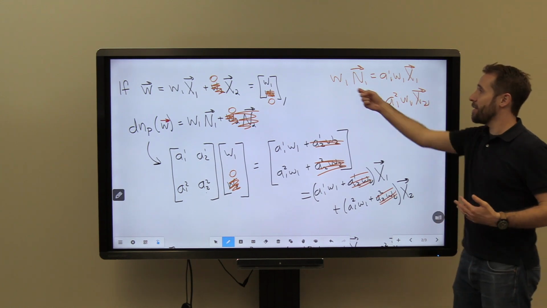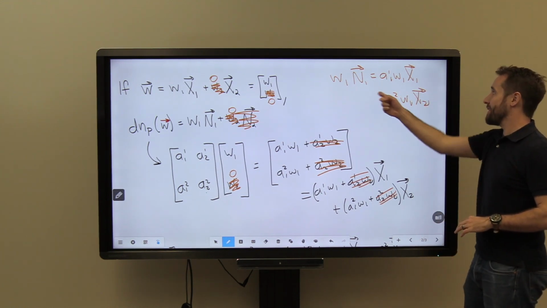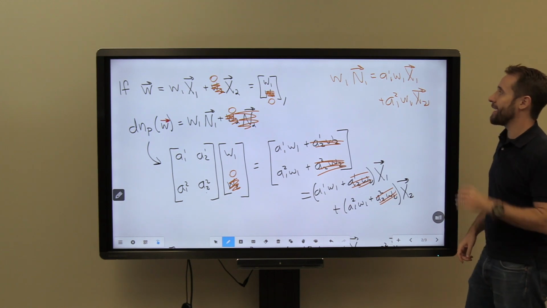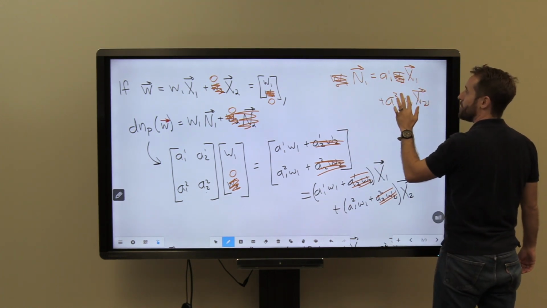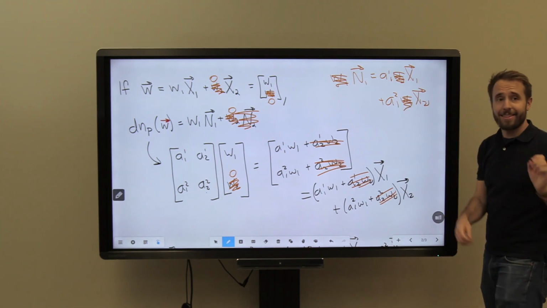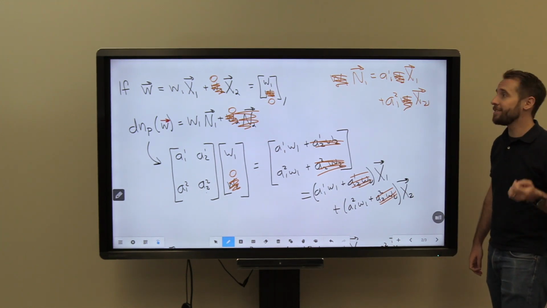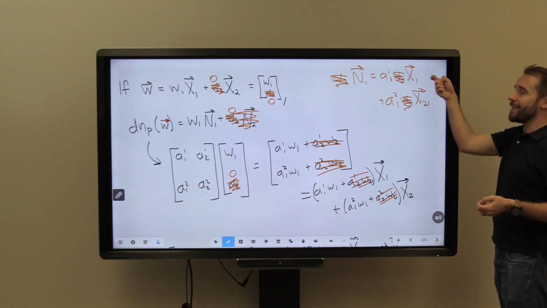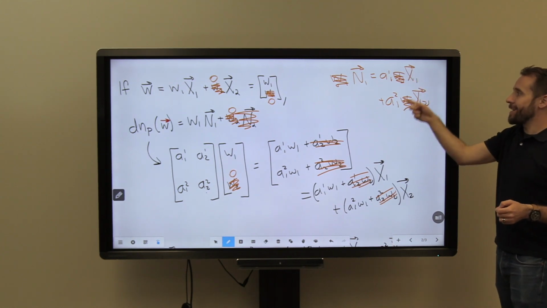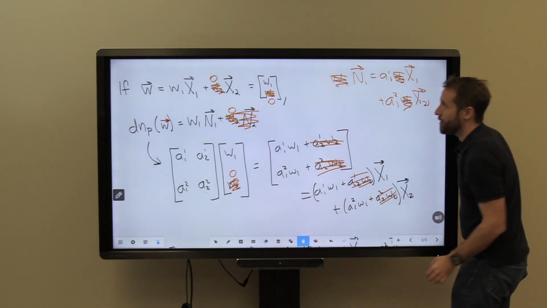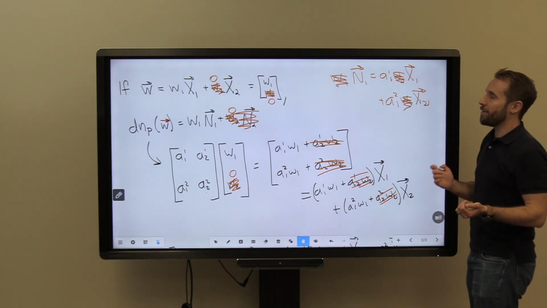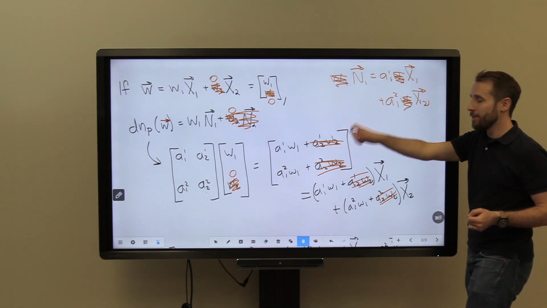Also notice if I set w1 equal to 1, then my w1s would cancel, or alternatively, I can just cancel my w1s right now. So w1, w1, w1, and I get the equation that n1 is equal to a11 x1 plus a21 x2. And I can do a similar thing to figure out a way to represent n sub 2 as well.